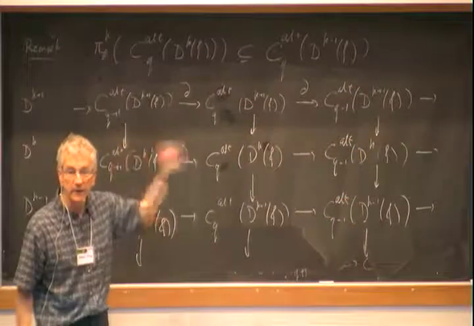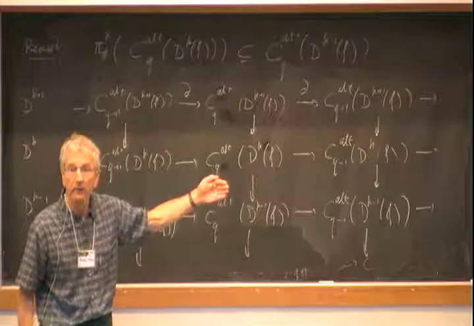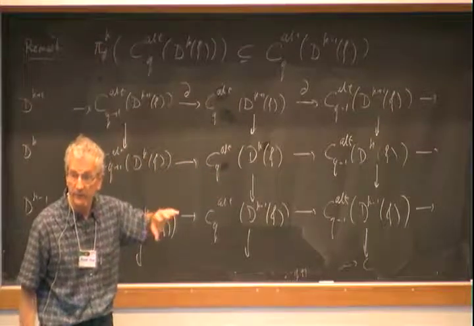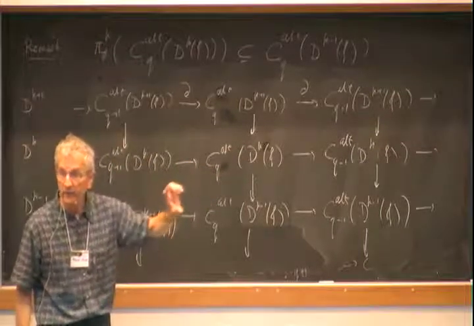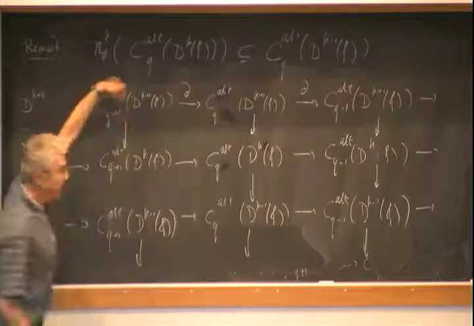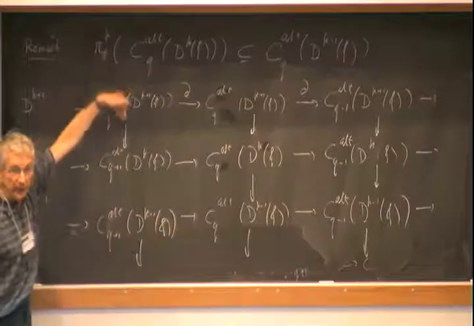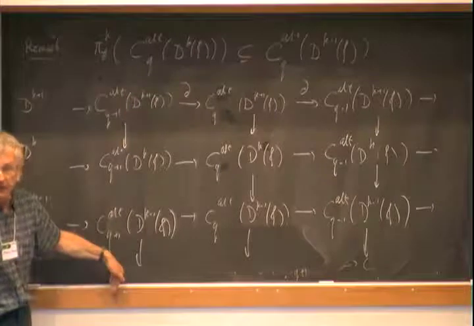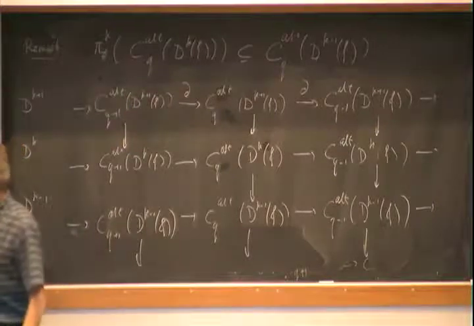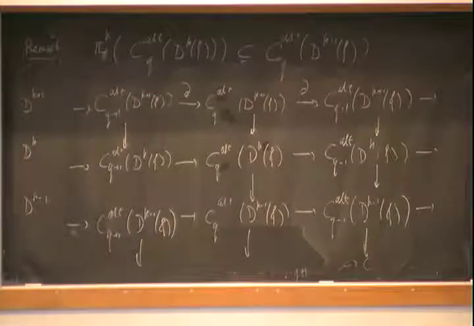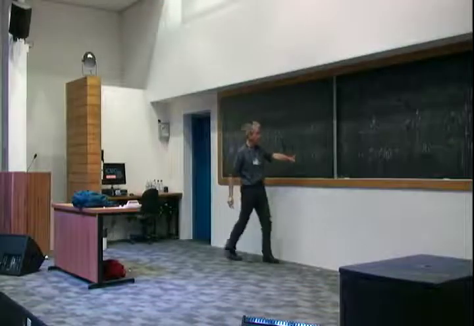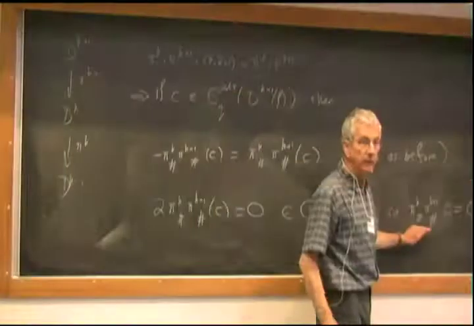And that's why the kernel of each arrow contains the image of the previous arrow, why you get a homology group. But we've now observed that if you go down 2 steps, also you get 0. That's this calculation here. So we've got a double complex.